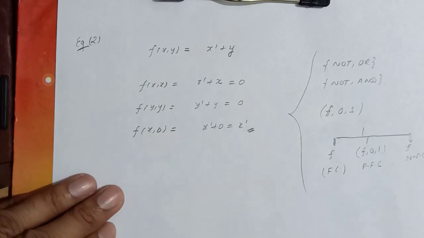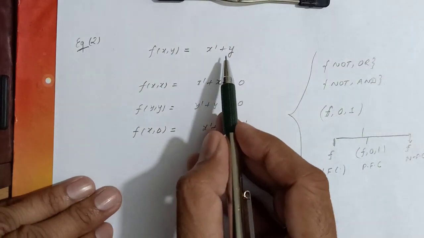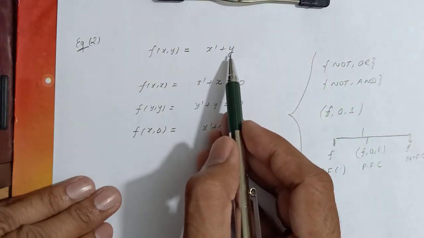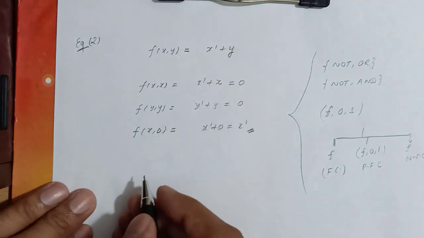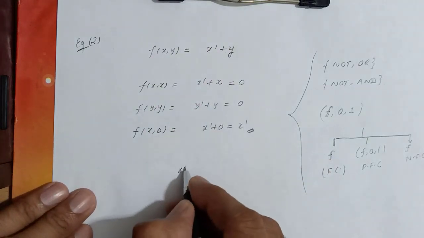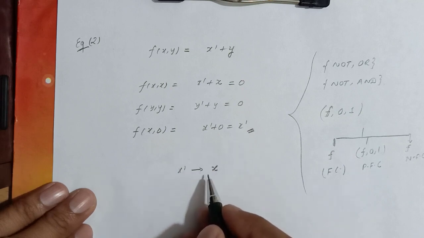Okay, now we will try to derive either or or and operation. Okay, so clearly here it is easy to derive or operation. So what we can do, in place of x dash somehow we need x, so it is easy. How?